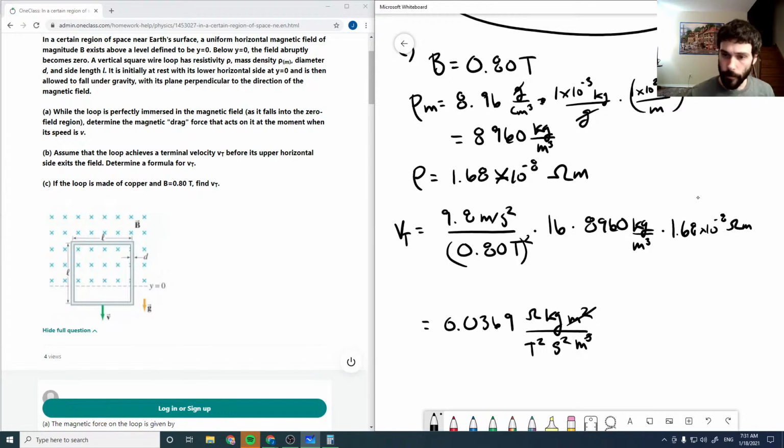This here, a Tesla is a kilogram per coulomb second. An ohm is a kilogram meters squared per second coulomb squared.